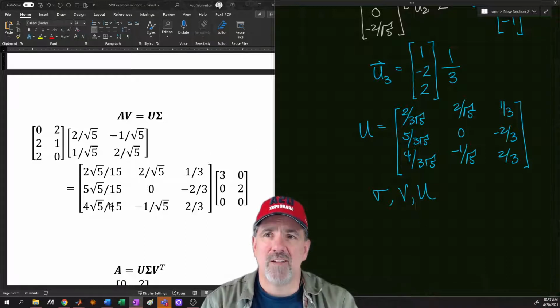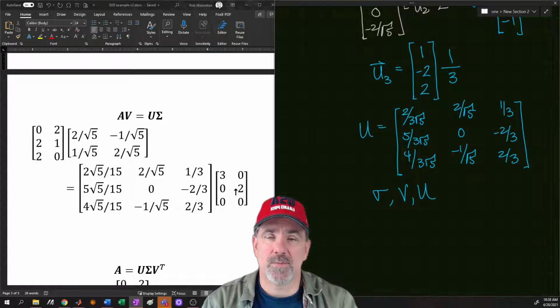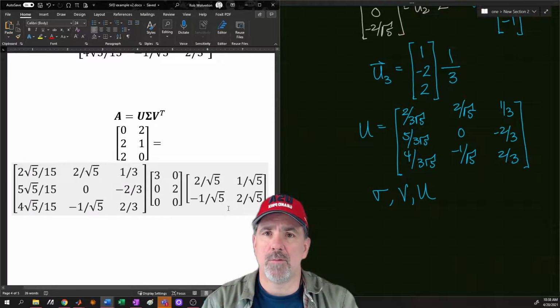And then I have my U matrix, just as we discussed here, multiplied times the sigma matrix, remembering the sigma matrix contains the singular values in the order that I solved, which is always largest to smallest, and it's the same dimensions as the A matrix. And then, of course, I can take this equation and multiply by V transpose, which is V inverse, on both sides, and come up with this formulation here.